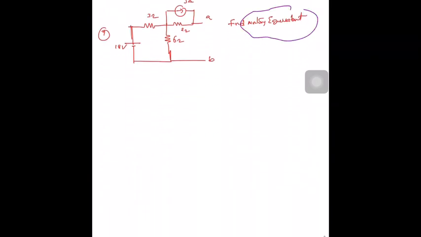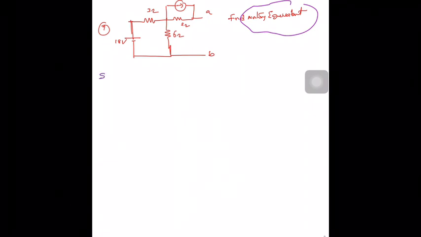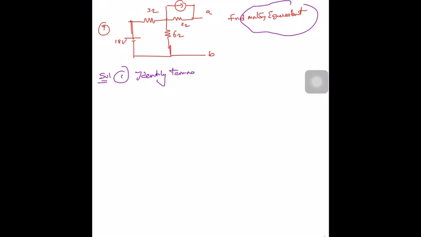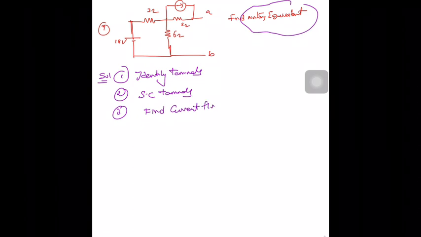So Norton's equivalent. After a long time, Norton's equivalent. I will once again write the steps for Norton's equivalent. Step 1. Identify terminals across which you want to form Norton's equivalent. Next, short circuit terminals. Next, find the current flowing in the short circuit, which is equal to Norton current.